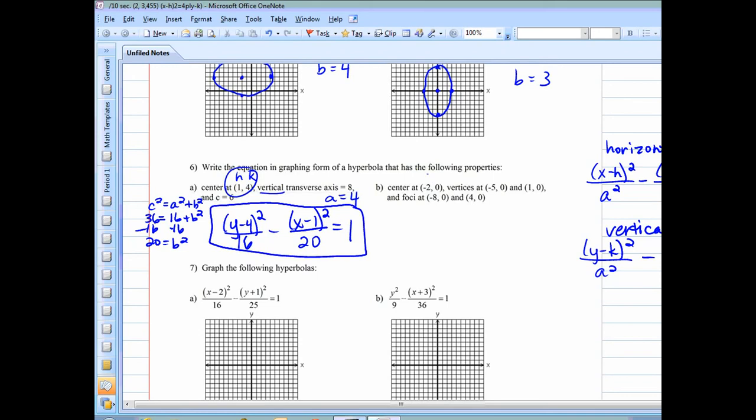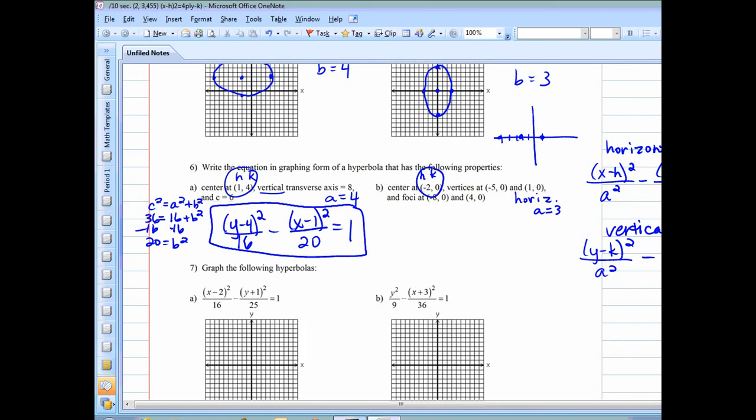The next one, we have our center, which is H, K, which will go into our equation. If our vertices are at -5, 0 and at 1, 0, if I make a quick little sketch of that, then I can see that from the center to one vertex is going to be 3. So I know also that it's horizontal because of the direction it is, and that we just said A was 3.